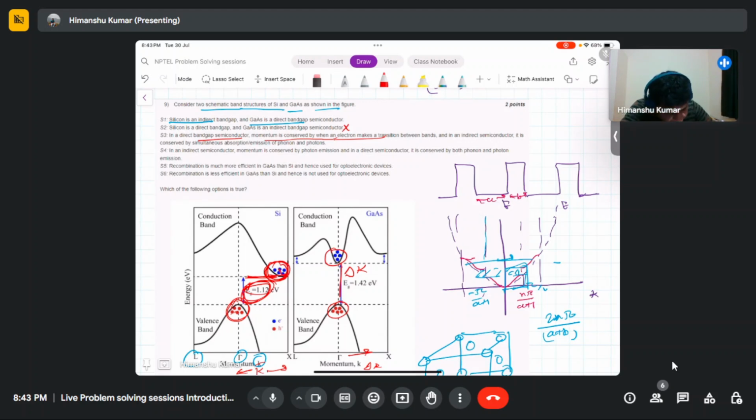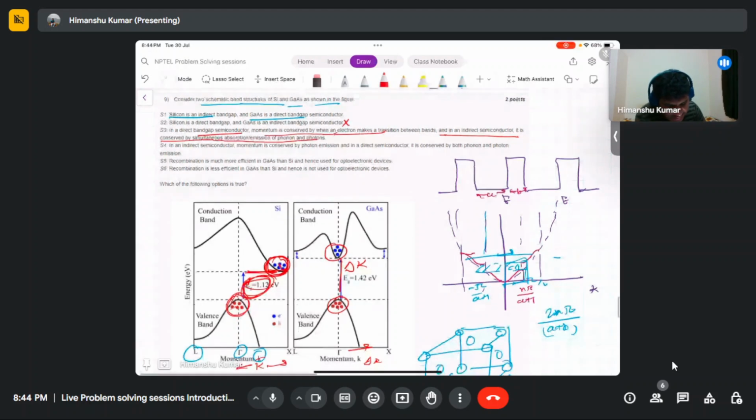In a direct band gap semiconductor, momentum is conserved when an electron makes a transition between bands, and in an indirect band gap it is conserved by simultaneous absorption and emission of photons and phonons. So in direct band gap, momentum is conserved just by the energy transition, while in the indirect gap both transitions are required.